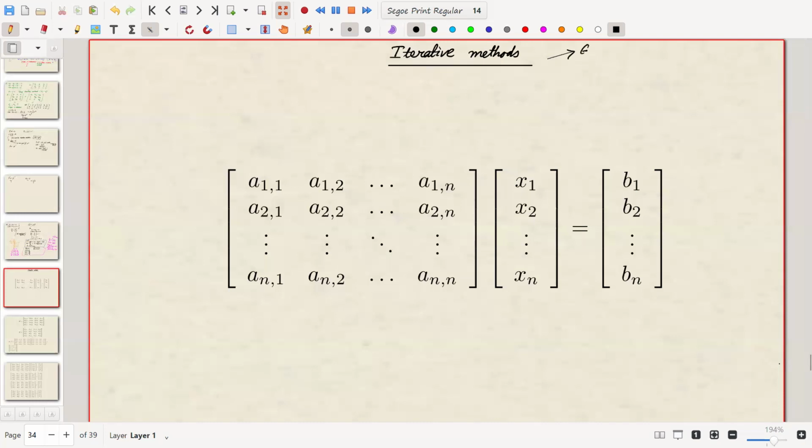One is known as the Gauss Seidel method, and the other is the Jacobi method.